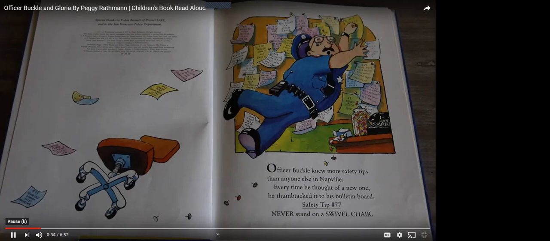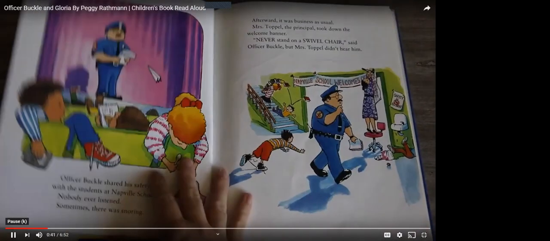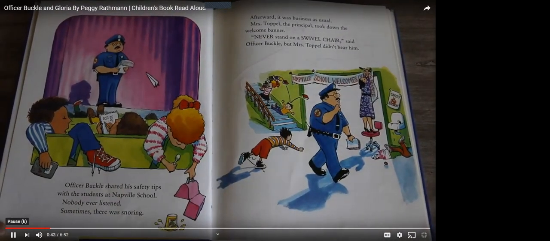Safety tip number 77, never stand on a swivel chair. Officer Buckle shared his safety tips with the students at Knappville School. Nobody ever listened. Sometimes there was snoring. Afterward, it was business as usual.